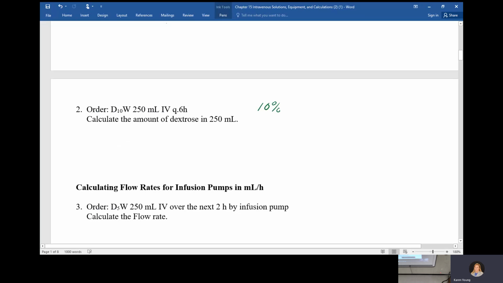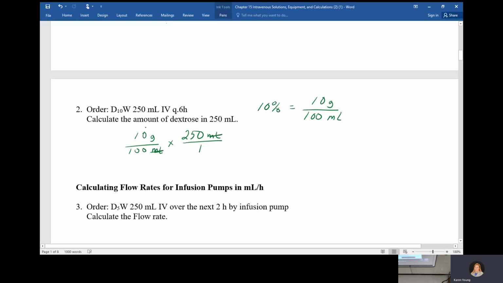The 10% is the same thing as 10 grams in every 100 milliliters. Okay. So to calculate that for 250 milliliters, we use the 10 grams over 100 milliliters times the 250 milliliters over 1. And my milliliters will cancel.